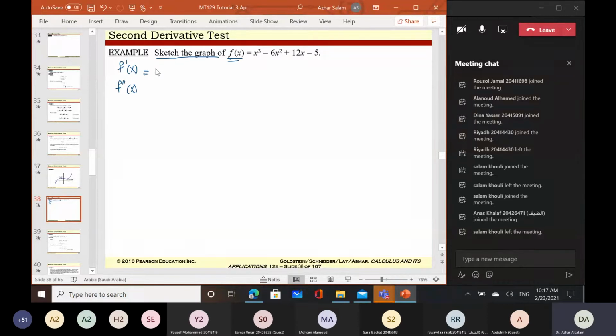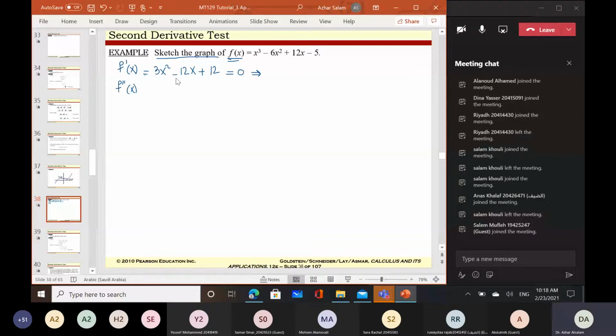First, I will find the first derivative, which is 3x squared minus 12x plus 12. To find the critical point, I will find the zeros of the first derivative. Okay? To find the critical point here, of course, I can divide by 3 to simplify.